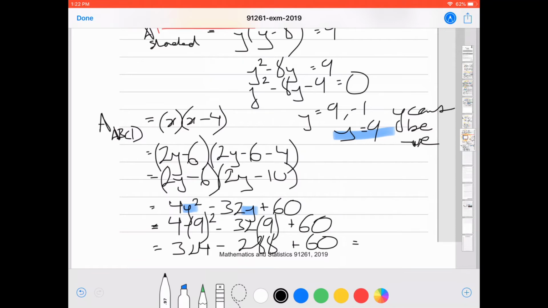So adding all these terms up, we've got 324 minus 288 plus 60, and that equals 96 here. 96 centimetres squared. And so with that, we have found the area. Area equals 96, and this gets you an excellence grade. Interestingly, no merit criteria for this question.